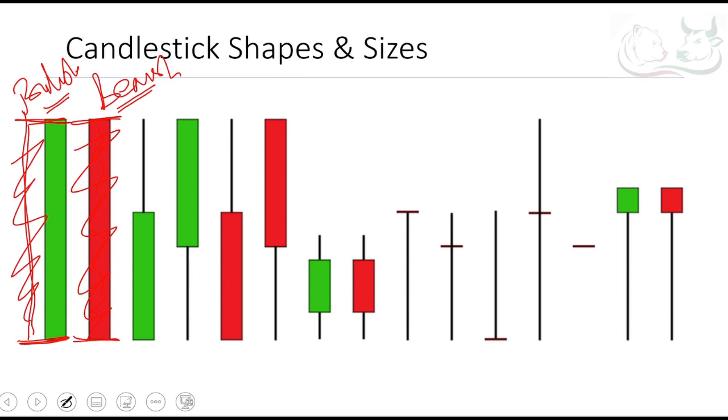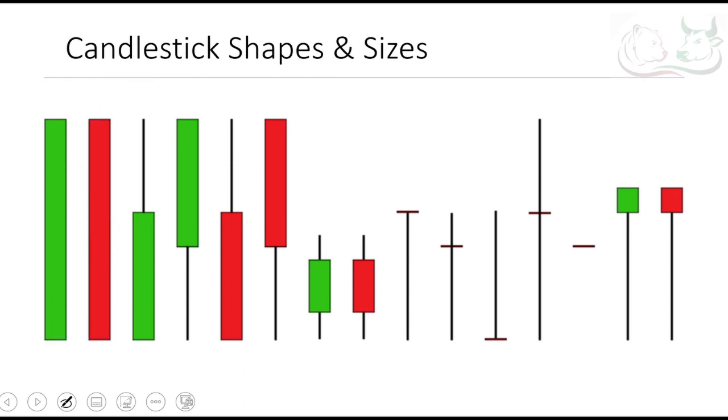Now if we look at the next candle, let me just remove these drawings so that we can look clearly. What happened in the third candle? Here the price opened at this level, kept on going up, and then profit booking happened and it closed here.